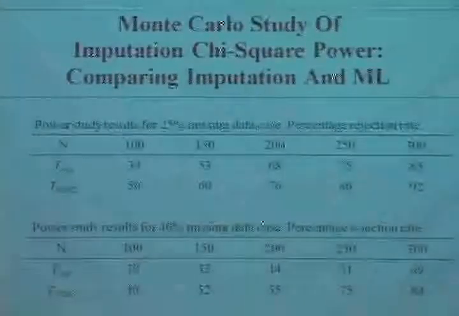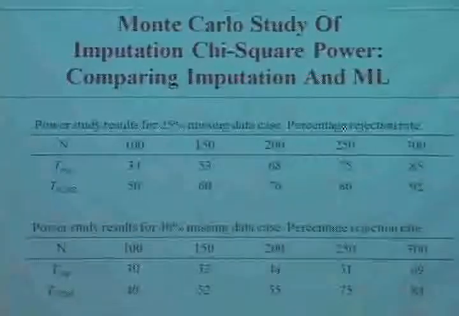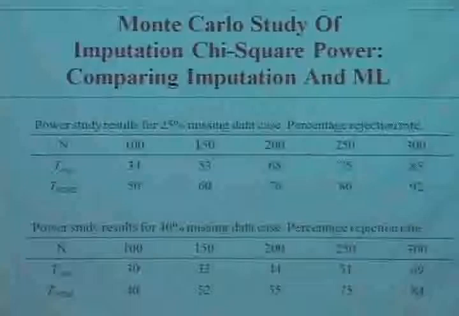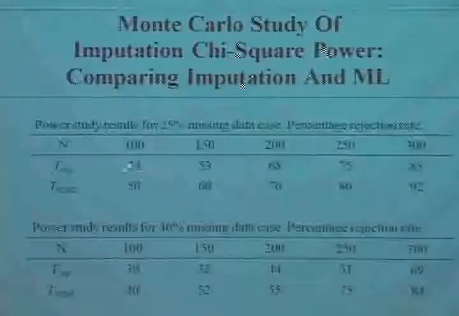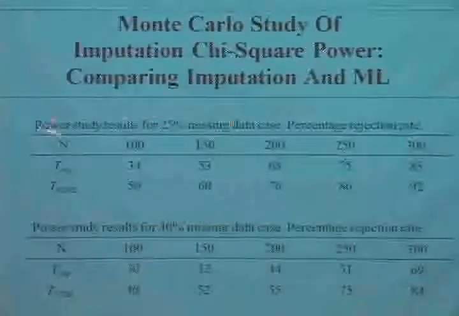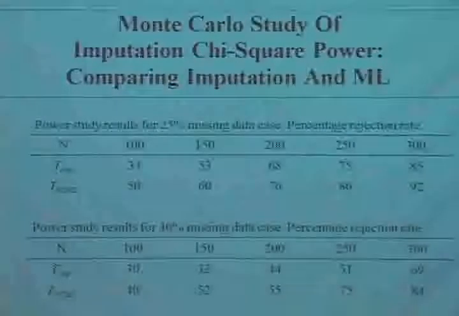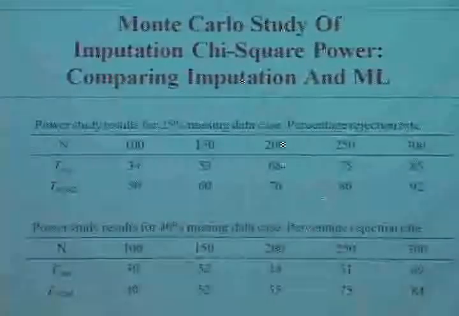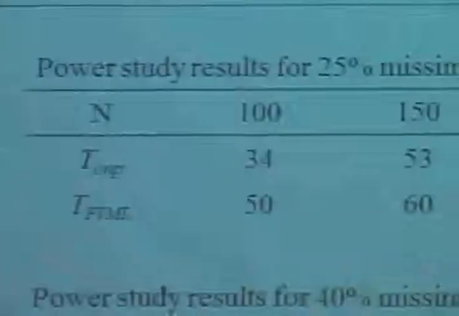If you have some missing data and nothing else, you have two ways of analyzing it: you can impute the missing data points, or you can use FIML. The way to compare is to simulate data according to one model but analyze it according to the wrong model. The power of this chi-square statistic is fine.